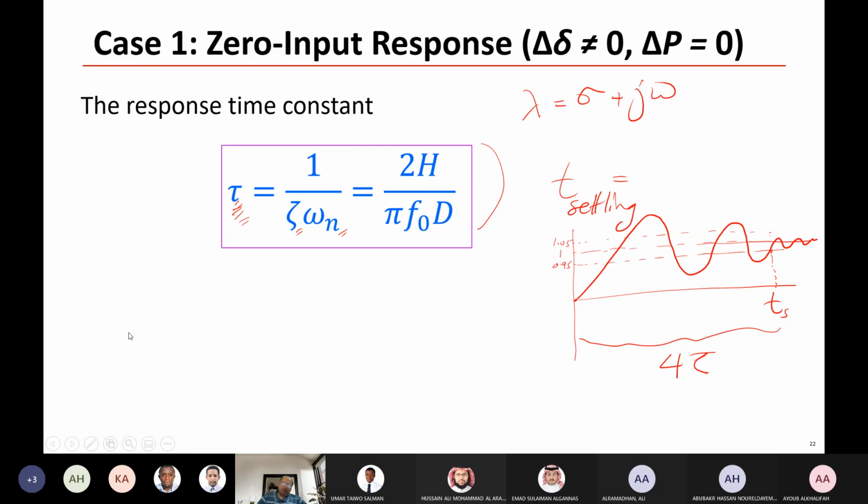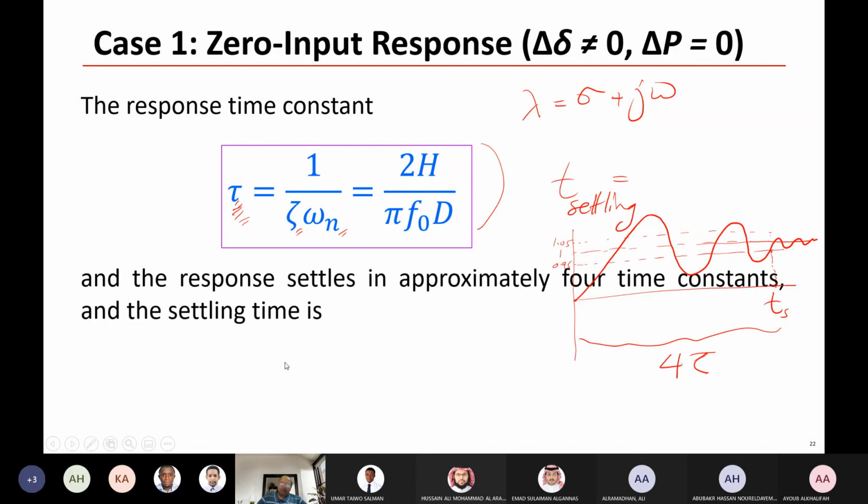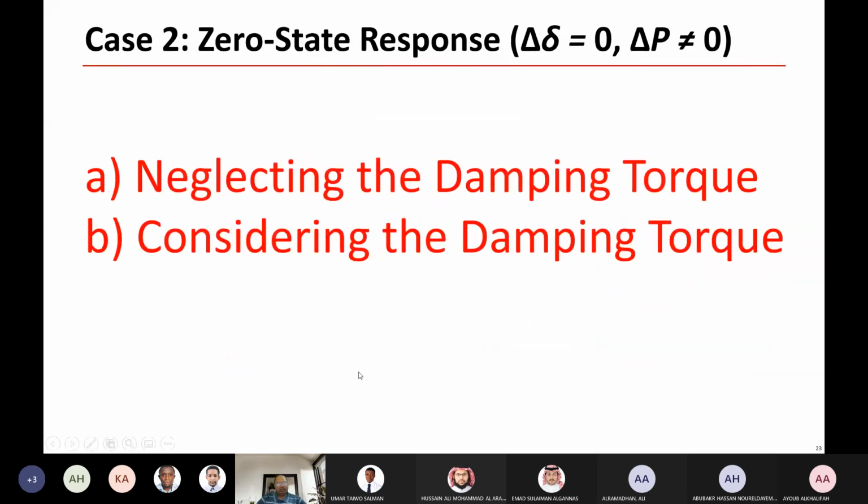As an approximation, the settling time can be considered as 4 time constants. So if the time constant tau is, for example, 1 second, you can assume the settling time Ts is 4 seconds, and after approximately 4 seconds the system will be at steady state, very close to the final value. So this is the settling time, and this is the time constant.